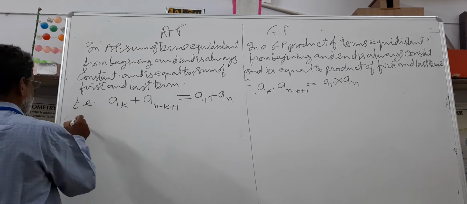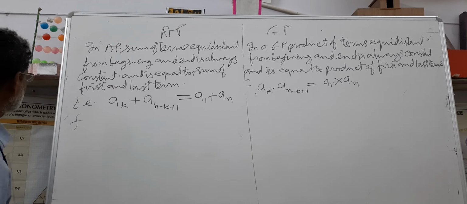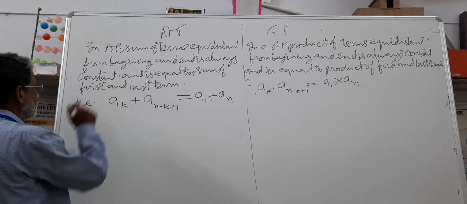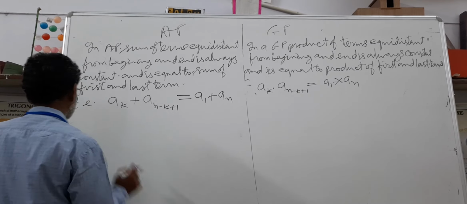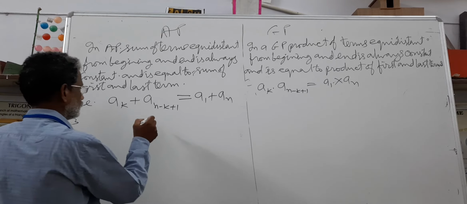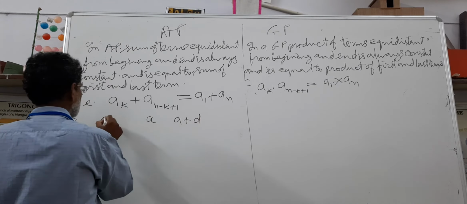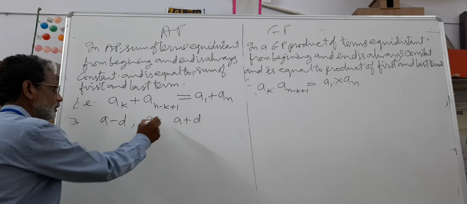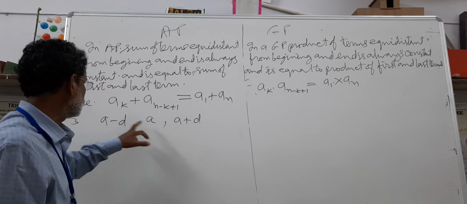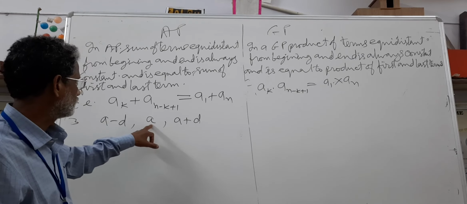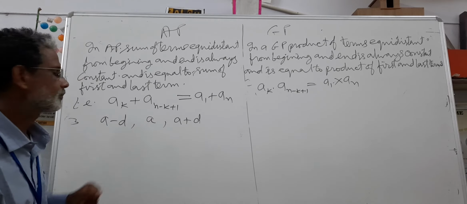So in an AP, I taught you in class 10th that if you are required to select 3 terms, then you will take terms like this: A plus D, A, A minus D. If you add D here, you will get this. If you add D here, you will get this. Clearly, this is in AP.